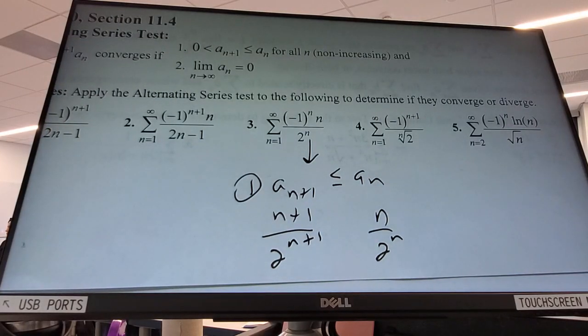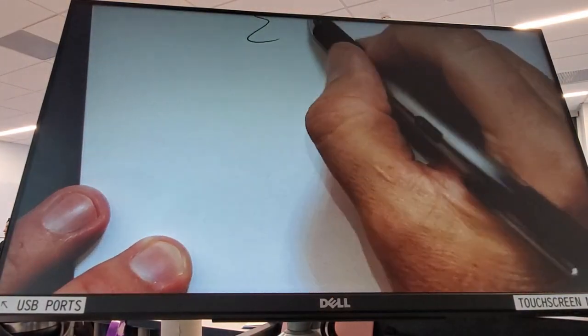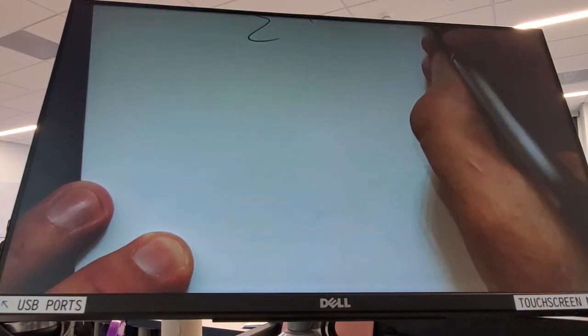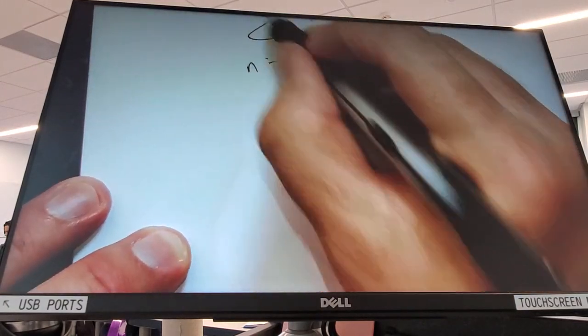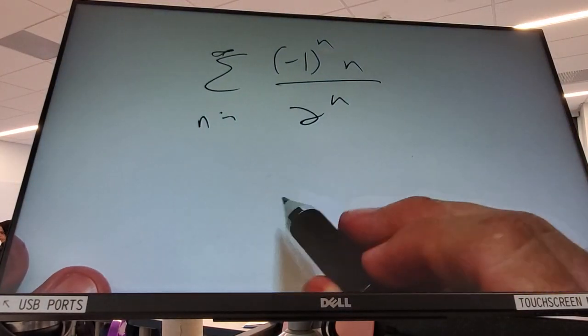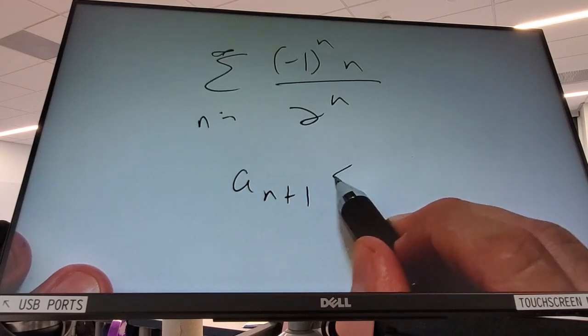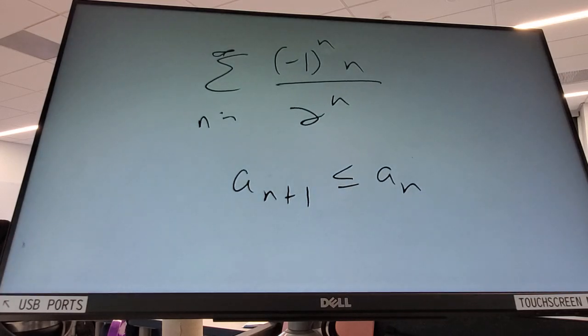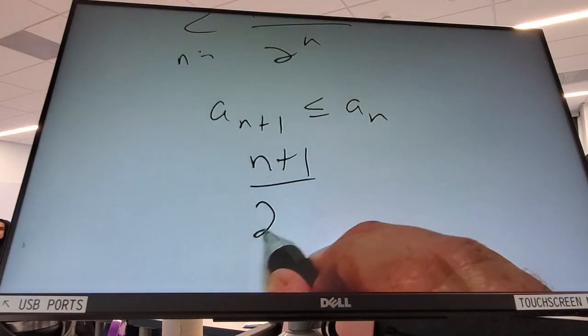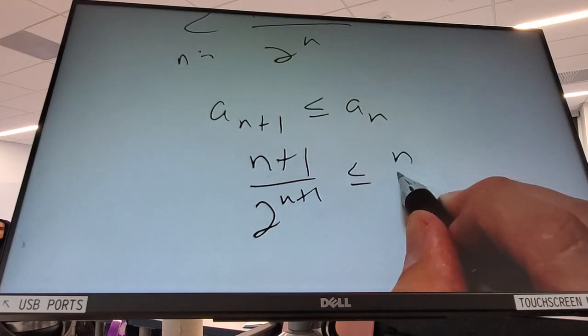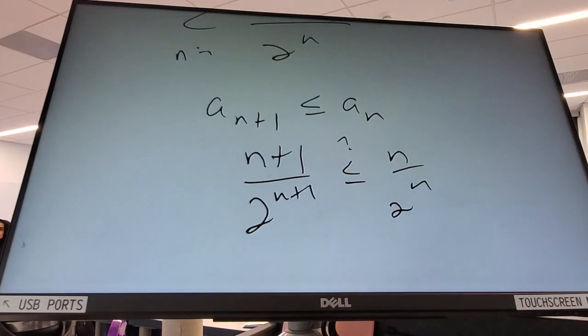Now I did tell you guys, let me show you this. If I'm working with this, I'm pretty sure we did this last time, but just to remind you. I'm going to show that the next term is less than or equal to the term before. This is one reason why it wants to have positive terms. So I want to show that this is less than or equal to this, so I'll put a little question mark there.